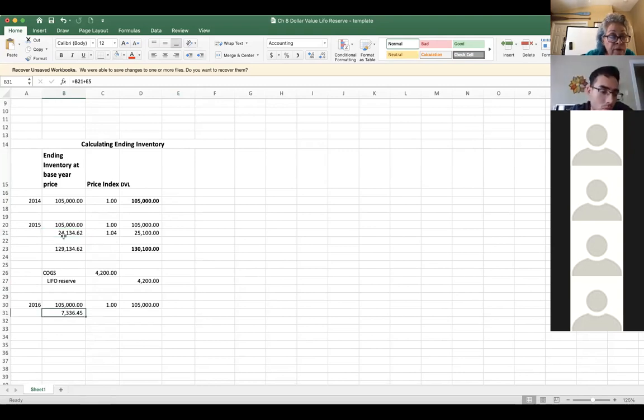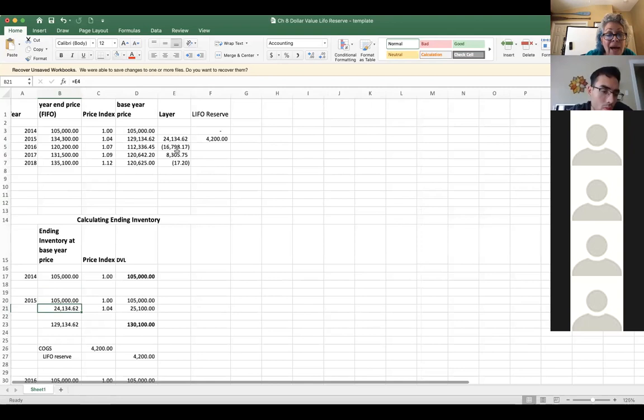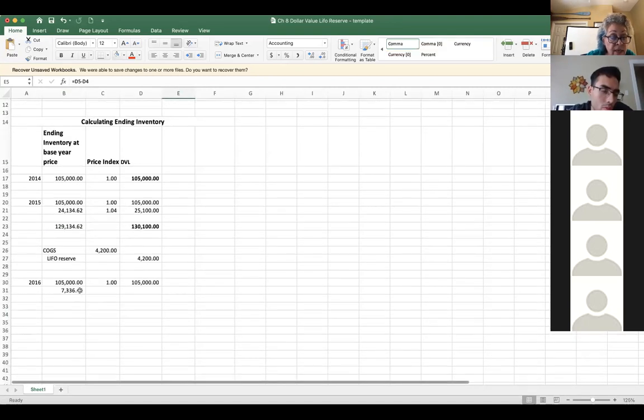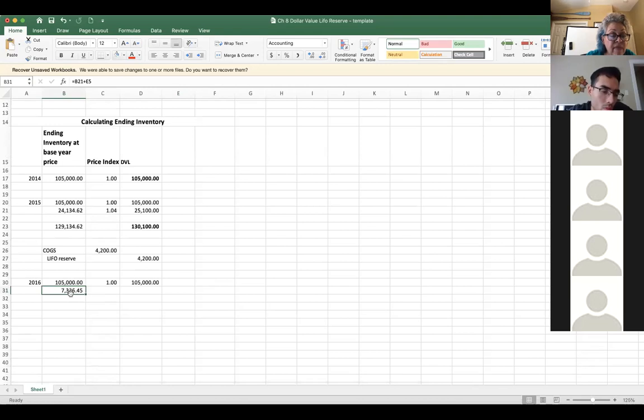So if I take the 24 minus the 16 that I liquidated, I end up with 7,336.45 of this layer left in 2016. So the layer that I added in 2015 only has 7,336.45 left because I sold part of it. Okay. And that layer is at the 104 index.